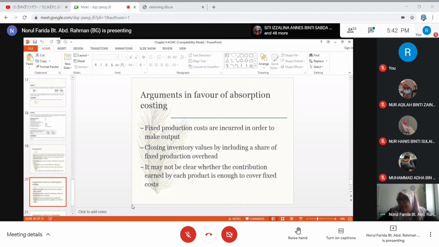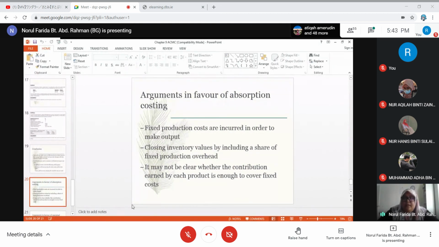Alright. And a problem with calculating the contribution of various products made by a company is that it may not be clear whether the contribution earned by each product is enough to cover fixed costs. Whereas by charging fixed overhead to a product, we can decide whether it is profitable or not. Okay.